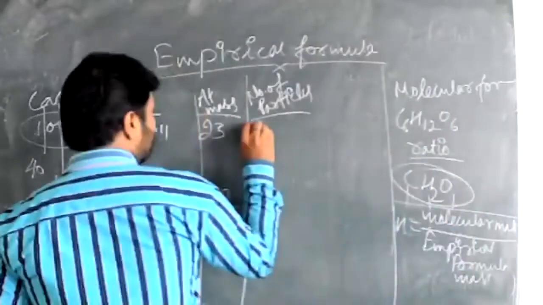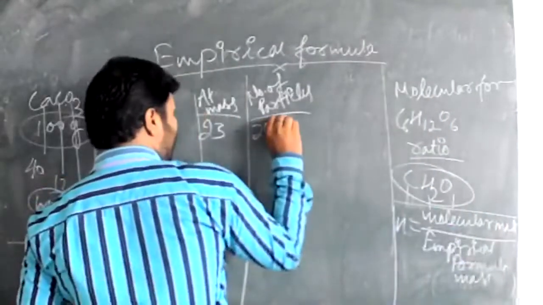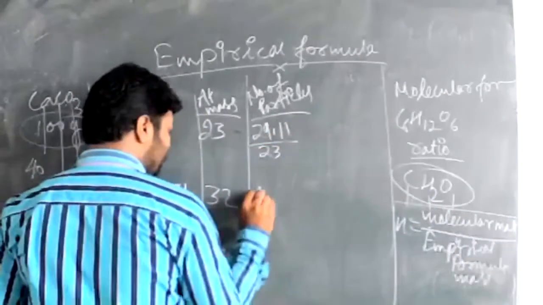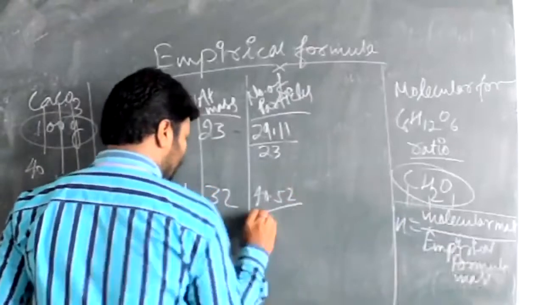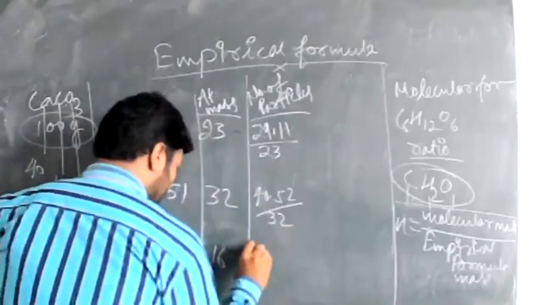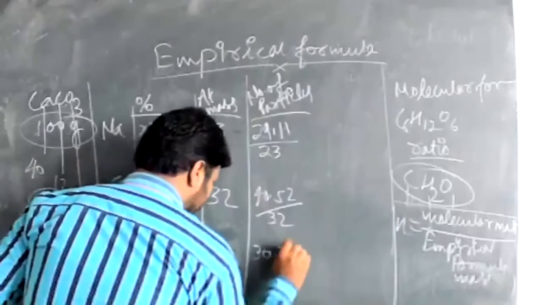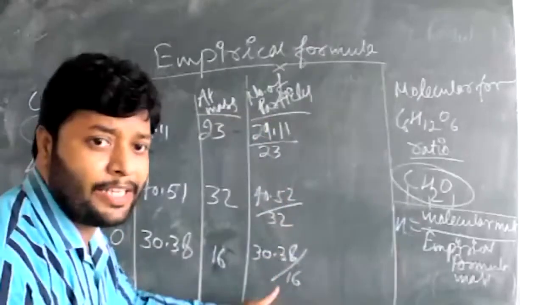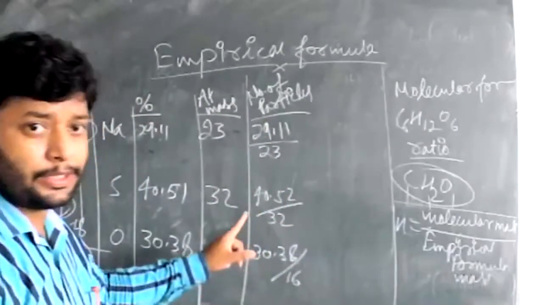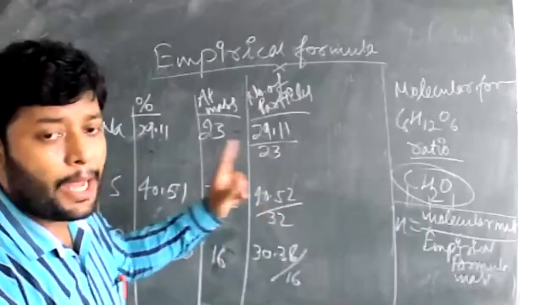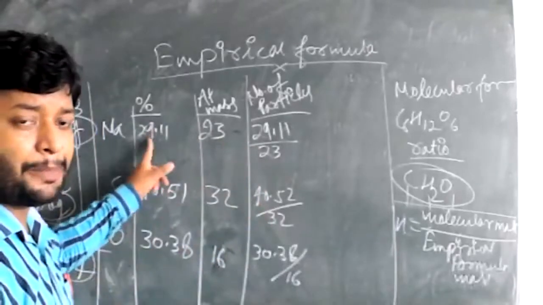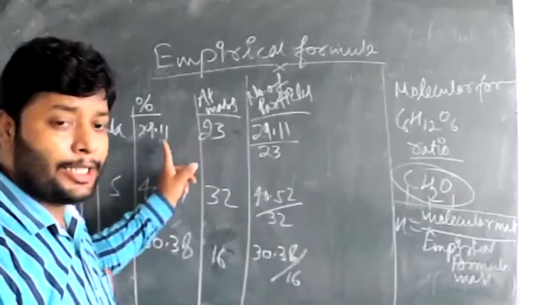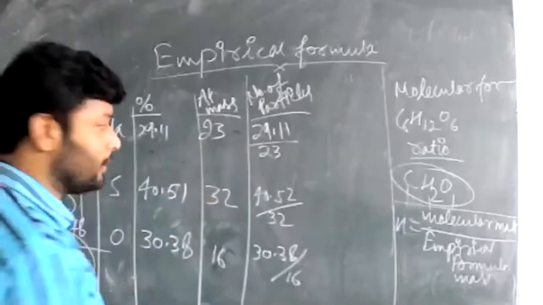So the value will be 29.11 upon 23, 40.52 upon 32 and 30.38 upon 16. That will give you the number of particles. The given mass percentage upon atomic mass, like the mole formula, will give you the number of particles.